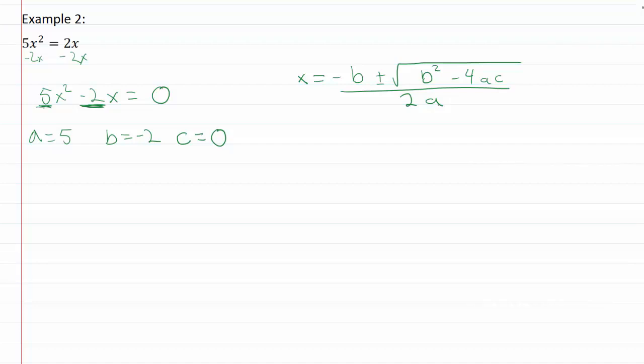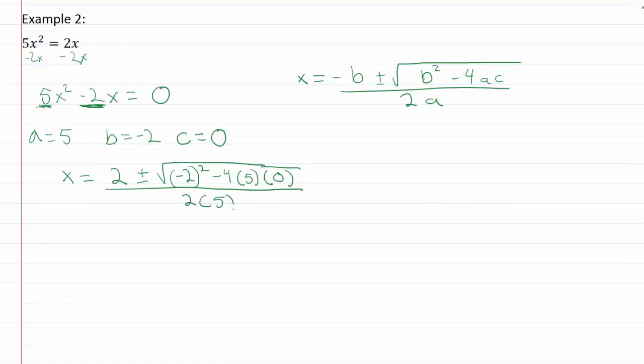Okay, so now let's go ahead and we'll say x equals, the negative of b would be the opposite of this negative 2 here, so that'll become positive, plus or minus the square root. B squared is going to be a negative 2 squared minus 4 times a is 5 and c, that's 0, all over 2 times a is 5.